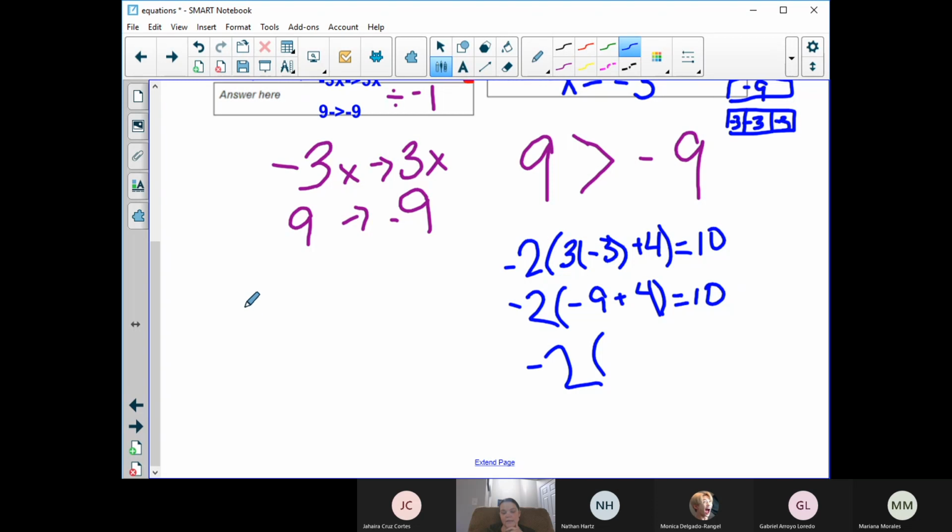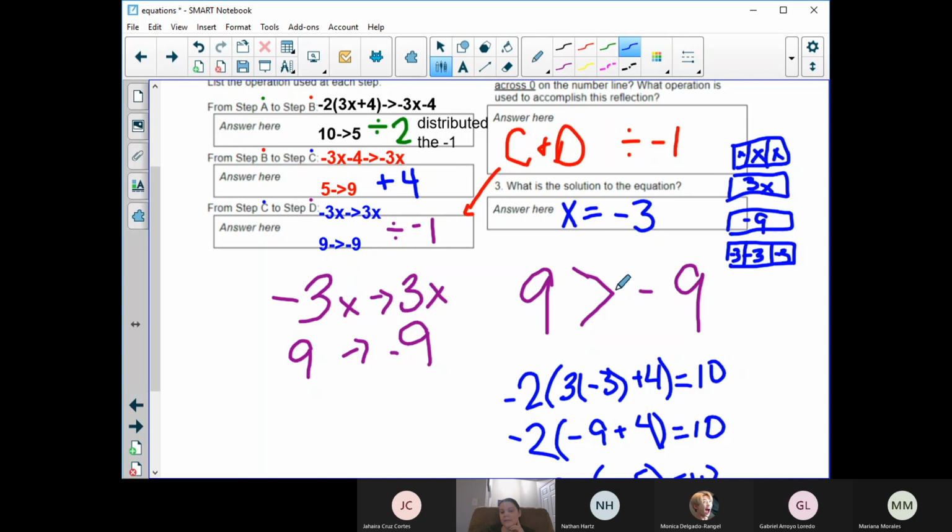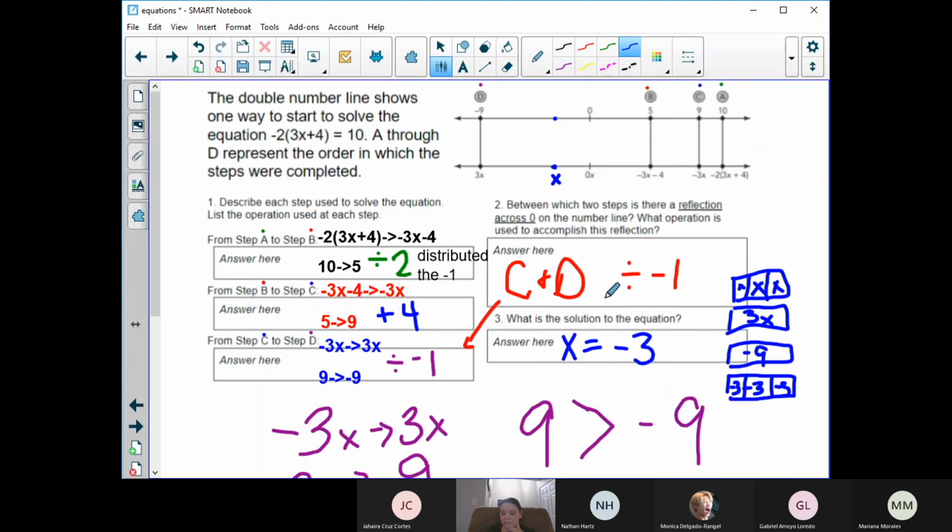Negative 2, well, if I have negative 9 and I'm adding 4, I'm going closer to 0, so 8, 7, 6, 5. All right, 2 times 5 is 10. Negative times a negative is a positive. 10 equals 10. So x equals negative 3 is the correct solution. Any questions about how we solved this?